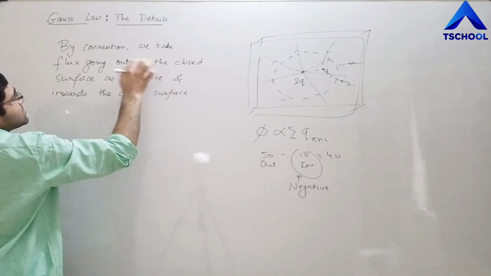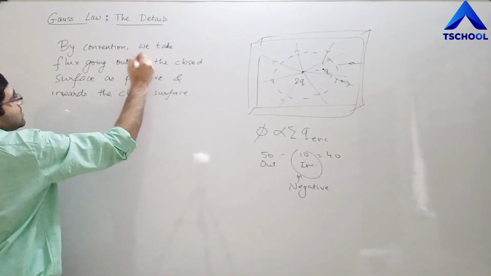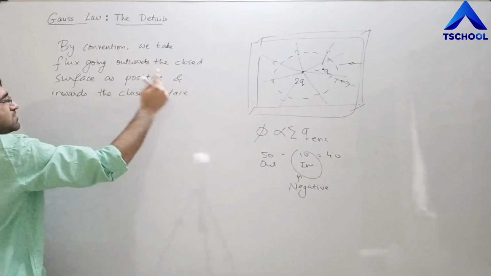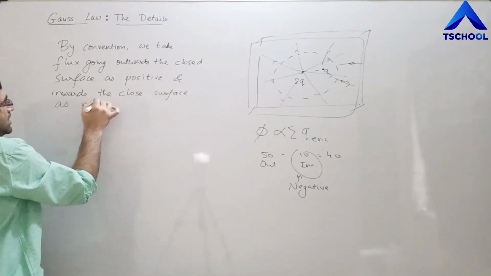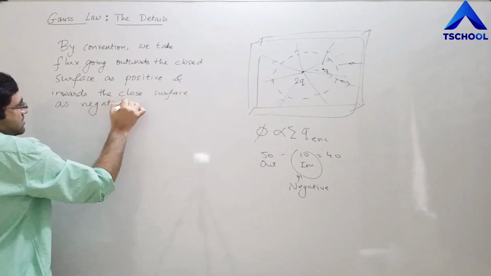Outwards and inwards, right? So flux going outwards is positive, and the flux going inwards the closed surface is negative, right?